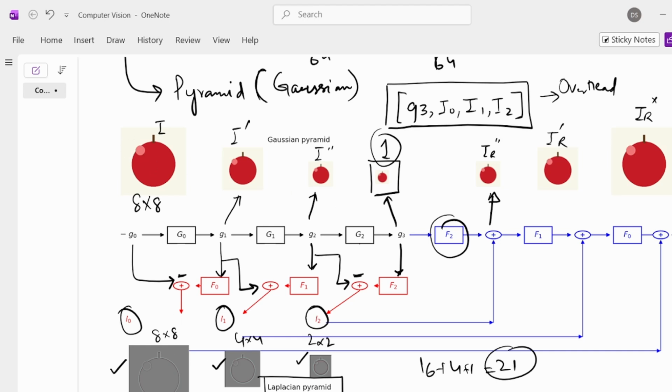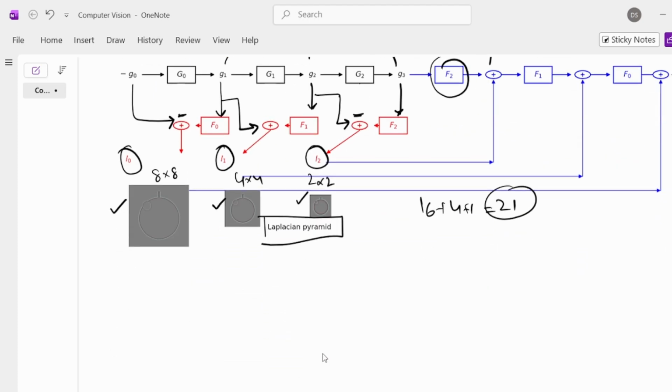So can we do better than that? The answer is yes. Why? Because if you go through these I0, I1 and I2, you would come to know that the major part of these images is actually composed of zeros or very low values.